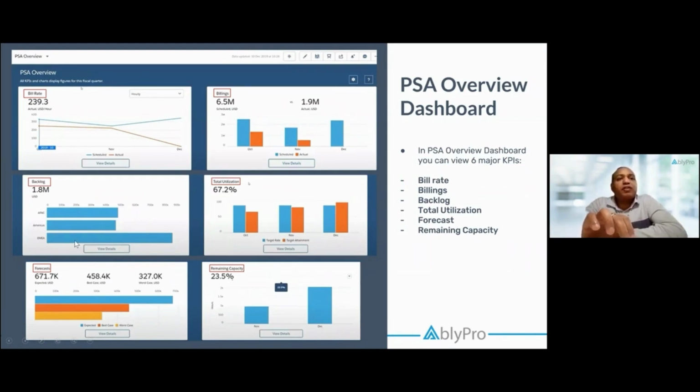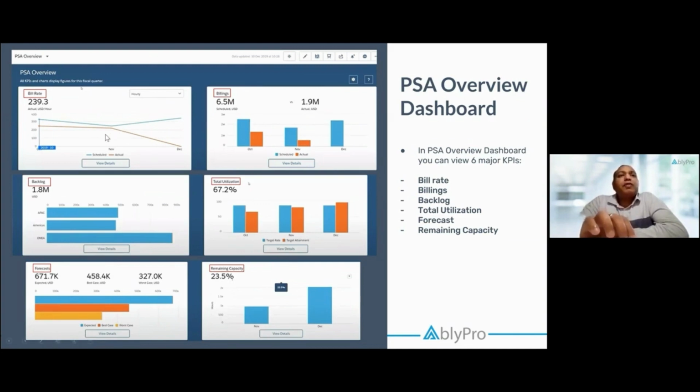The highest backlog is for the EMEA region. Then you have total utilizations based on month, right? Then you have bill rate based on month, and so you can have different kind of KPIs which are there, like the 6 KPIs we talked about.